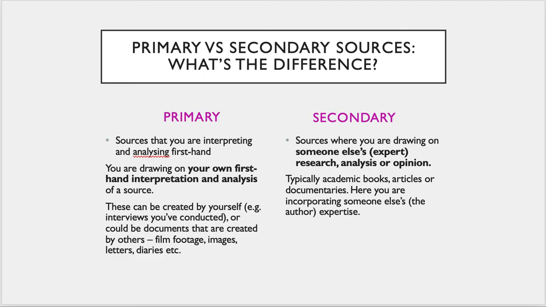Most of the primary sources you will encounter will probably be visual, but not all, and most of the secondary sources tend to be written, but again, not all. So for example, a BBC documentary about Queen Victoria will be a secondary source because the documentary has been researched, created and edited and presented to you as an audience.